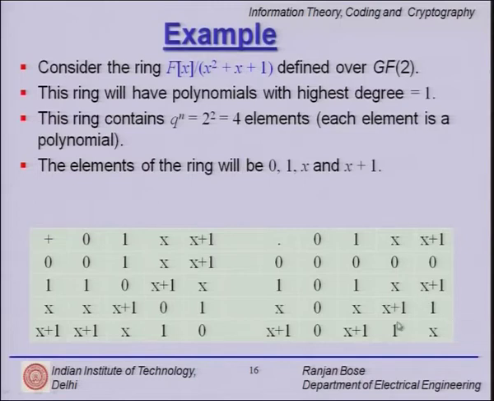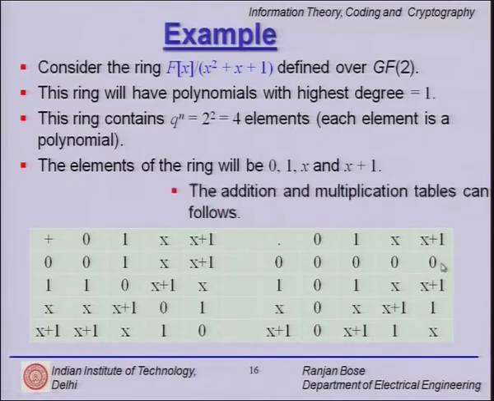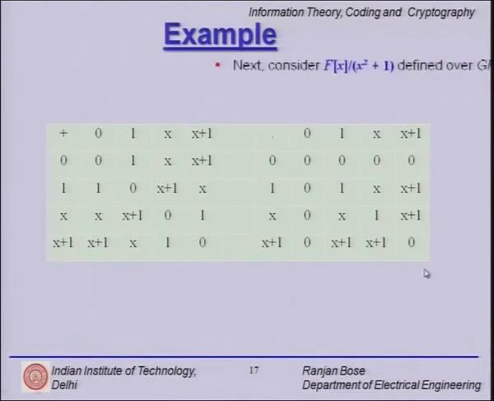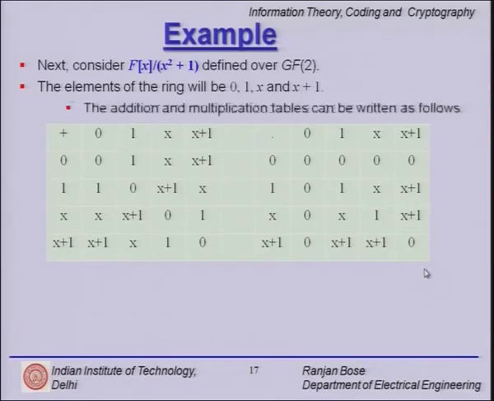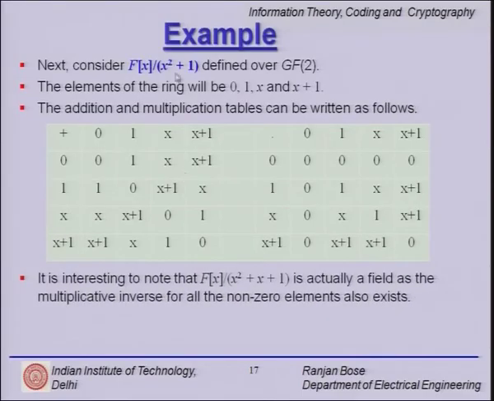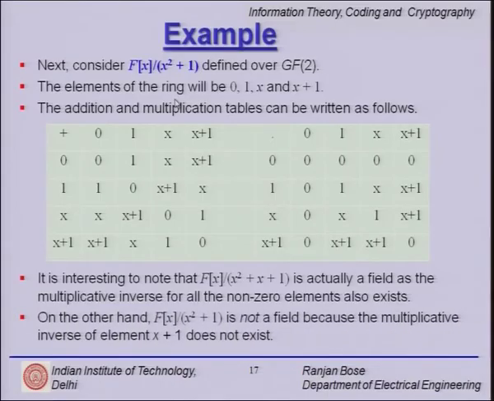So, you have additive inverse and multiplicative inverse for every element, and therefore, this ring is actually a field, whereas this ring remains a ring. What is interesting is that this f of x, small f of x, sometimes ends up giving us a ring and sometimes ends up giving us a field.